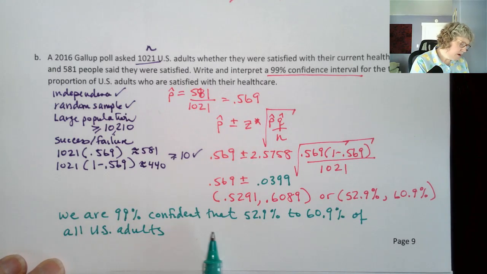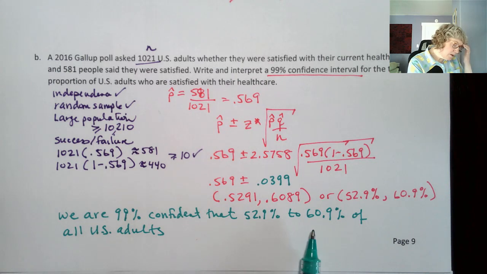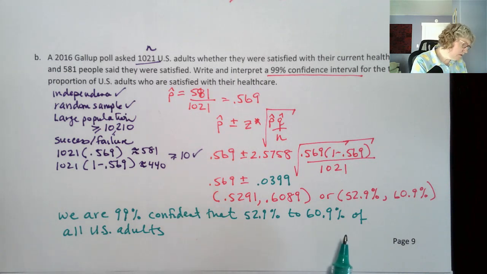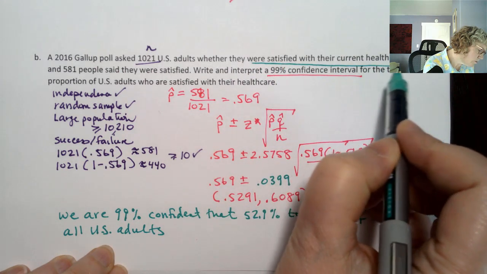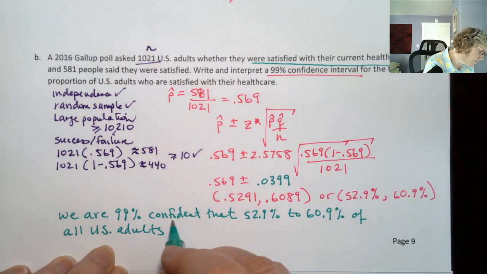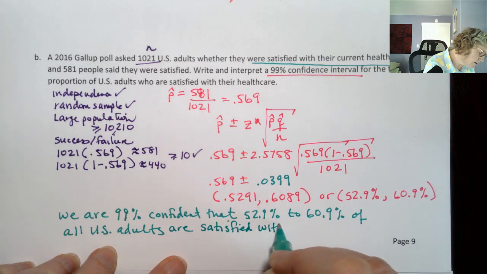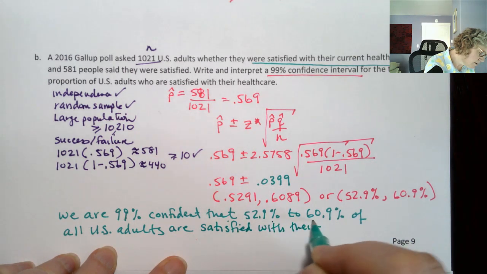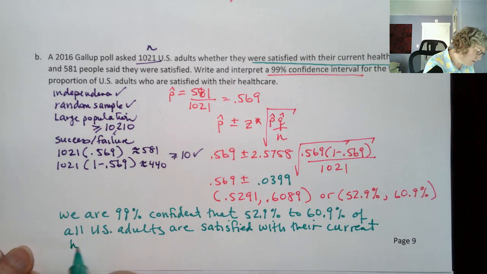So we're 99% confident that 52.9 to, oh, those are both 0.9s. Okay, to 60.9% of all U.S. adults, and what were they surveying? Were satisfied with their current health care.